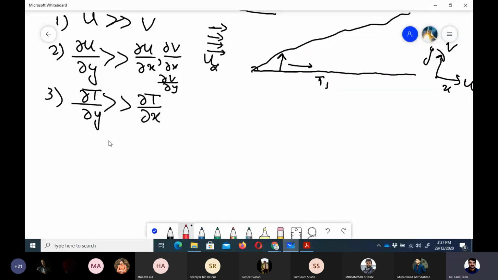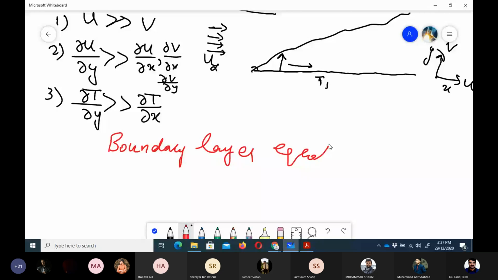So now the boundary layer equations. The above set of equations were the Navier-Stokes equations. Now we are going to write the boundary layer equations, which are simplified due to those three assumptions.